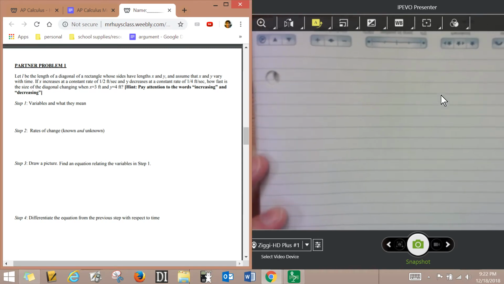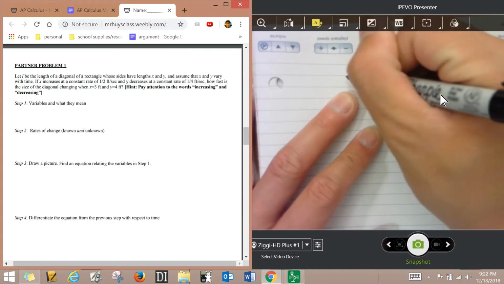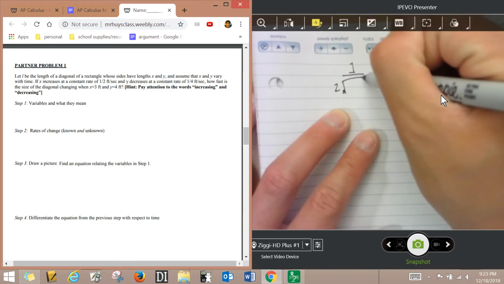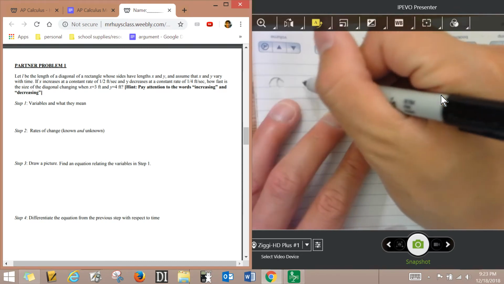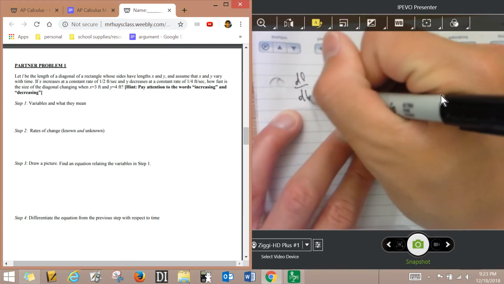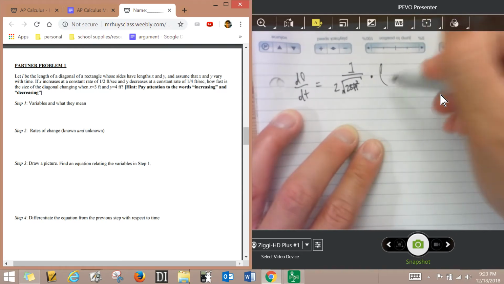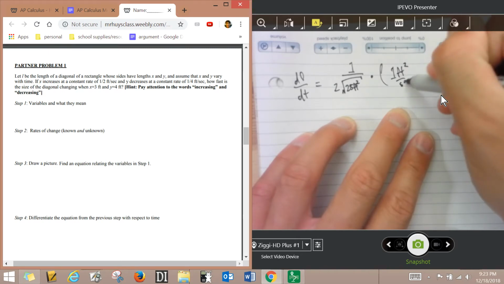So let's rewrite what I just had. I had 1 over 2 times the square root of 25 foot squared. This is dl over dt we're solving for, times 1 foot squared per second.